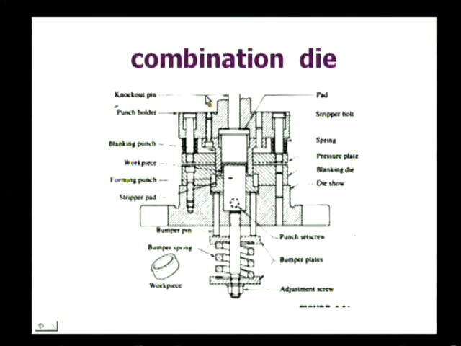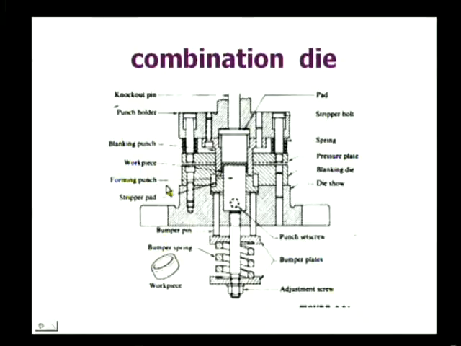That is the advantage of this combination die, which combines two operations, the forming operation as well as the cutting operation. All the other components can be seen: the punch, the die, the forming die and forming punch, and the cutting die and cutting punch.